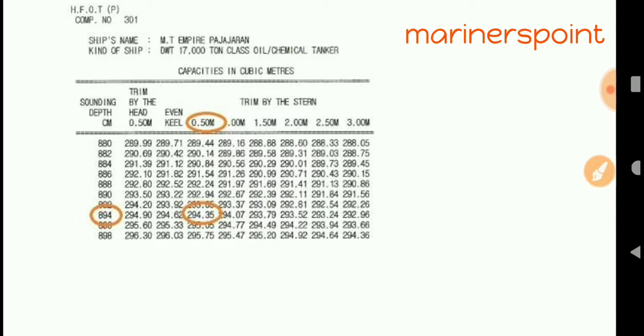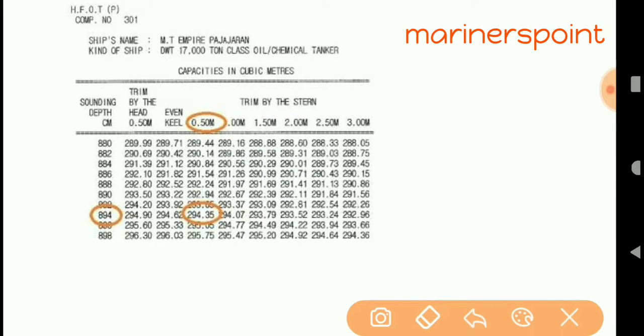Now you are taking bunker, then the company tells you to take a bunker of 5 ton or maybe 25 metric ton. You have to tell the quantity, and according to the quantity you have to decide in which tank you have to take bunker.